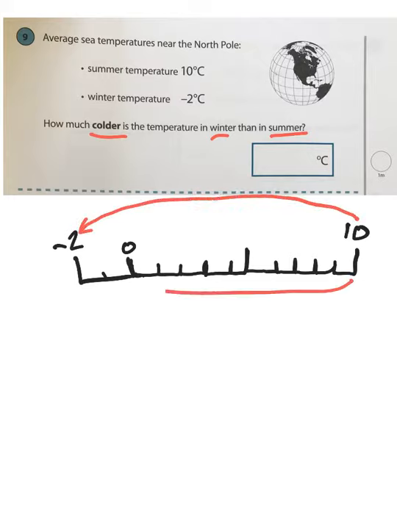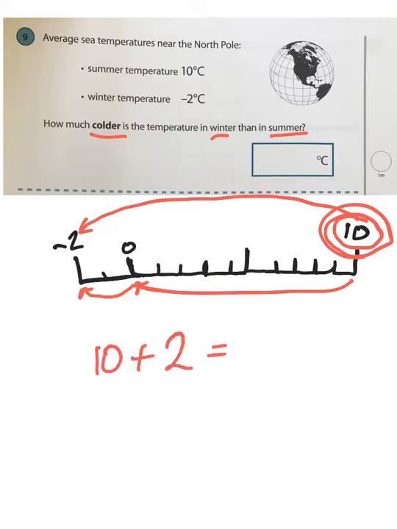So from 10 to 0, the gap is quite clearly 10. And then from 0 to -2, the gap is 2. So the whole gap is 12 degrees. Highlight this box if you got it wrong.